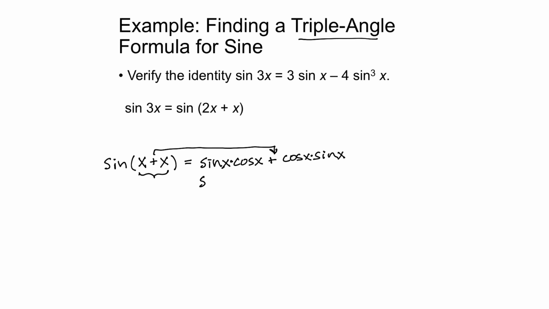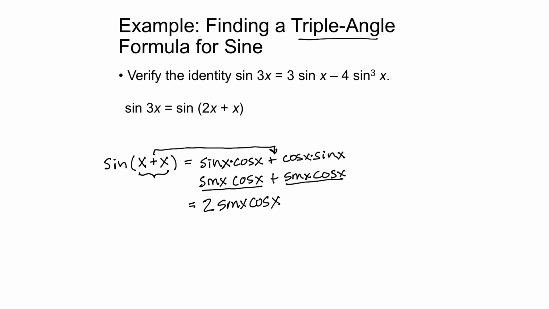So these are essentially the same thing, sine x cosine x plus sine x cosine x. All I did here was switch the order of the second one, just so we can see that these are actually like terms. In other words, what we have found is 2 sine x cosine x. And in fact, this is the double angle property that we were looking at.